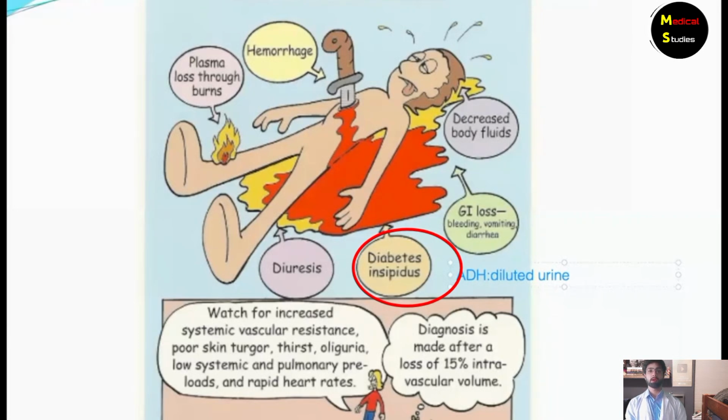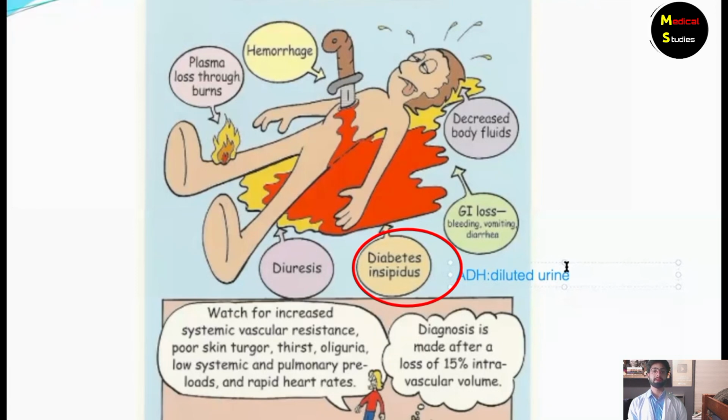Diabetes mellitus is a very common disorder associated with insulin, and diabetes insipidus is associated with ADH. There are two forms of diabetes insipidus, central and peripheral. So let me write that quickly for you. Central diabetes insipidus is lack of ADH secretion, and peripheral is resistance to that ADH in the renal tubules.